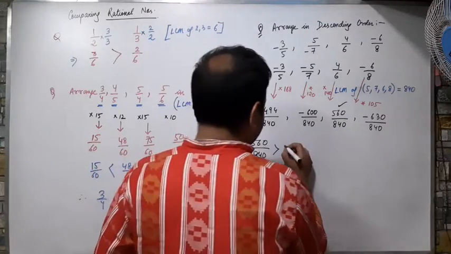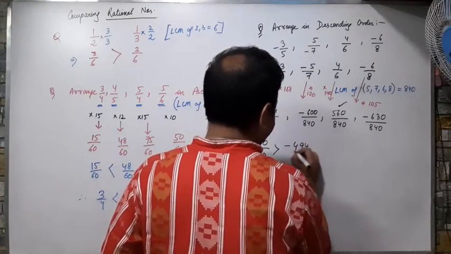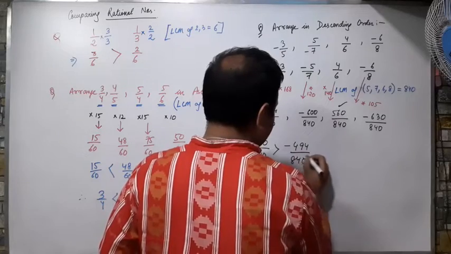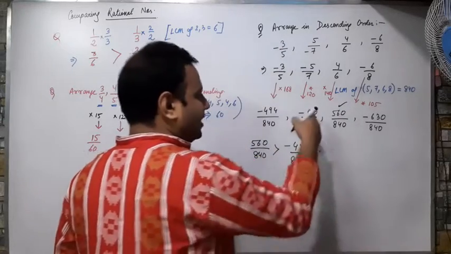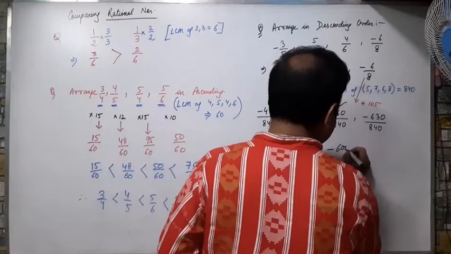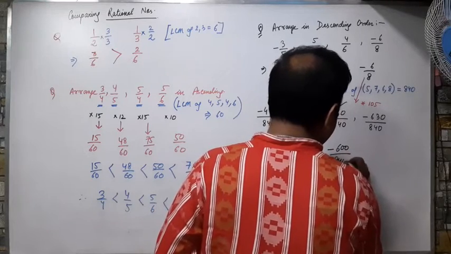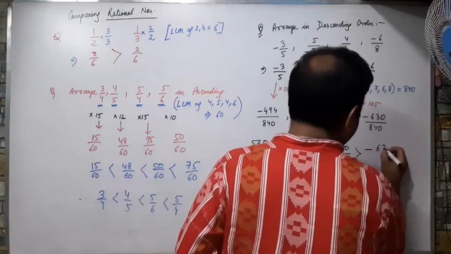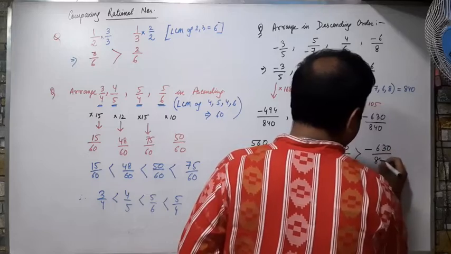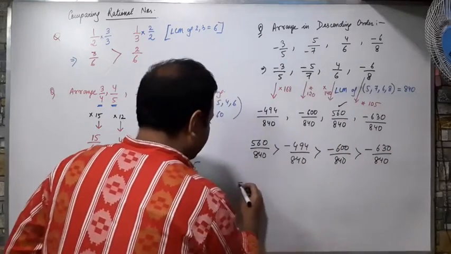So the next number is minus 494 by 840. Then I will be getting this one, minus 600 by 840. And finally, minus 630 by 840. So what I will get?